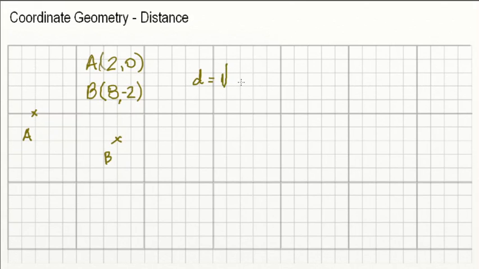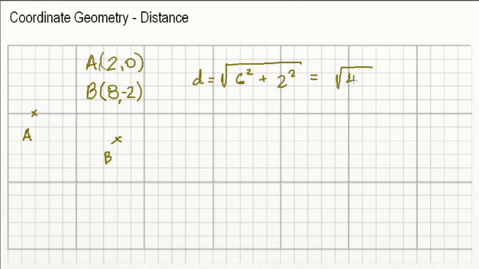So it's the square root of the difference between the x's squared, so that's 6 squared, plus the difference between the y's squared. As simple as that. So 6 squared is 36, and 2 squared is 4.